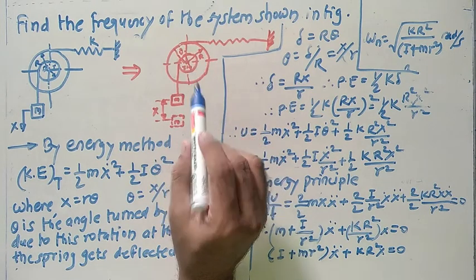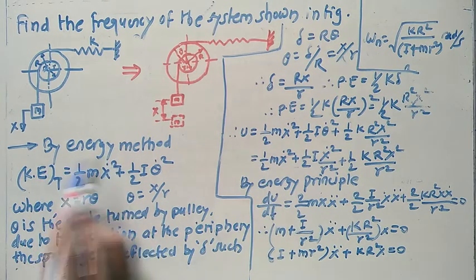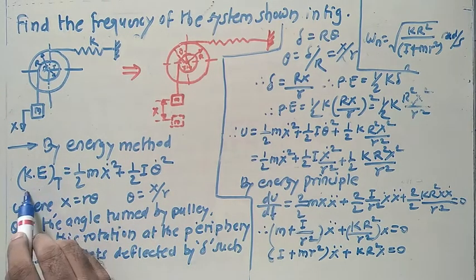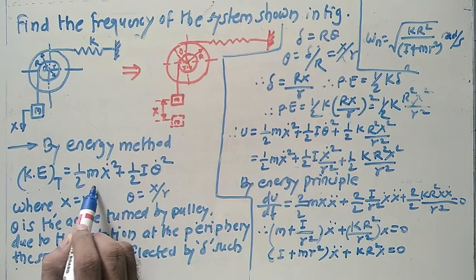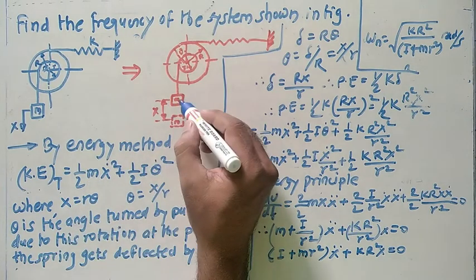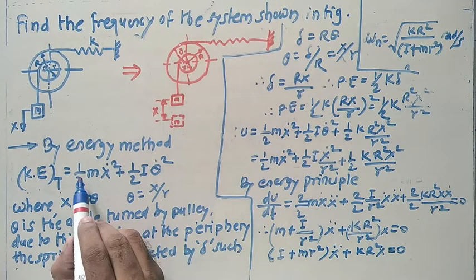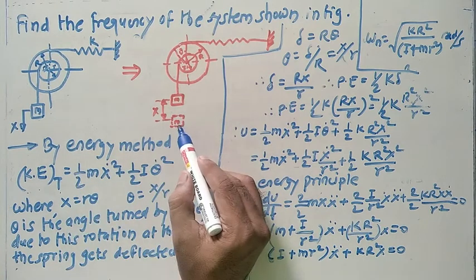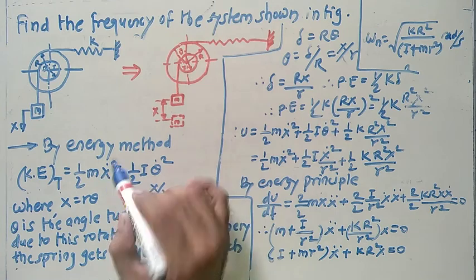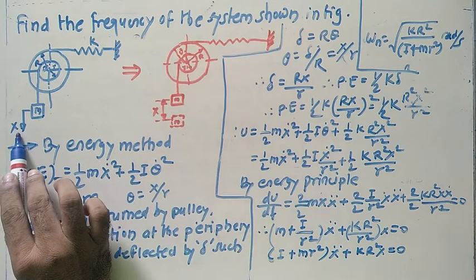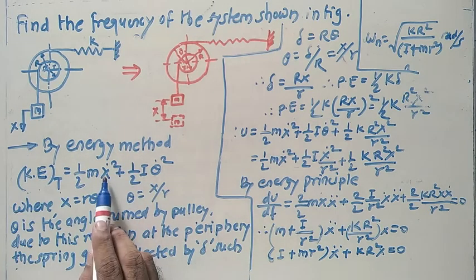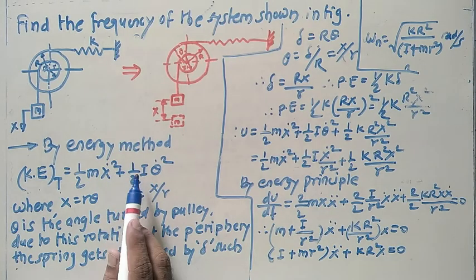So by the energy method, first of all get the kinetic energy. Total kinetic energy includes the kinetic energy possessed by this mass because of its linear or translatory motion. So what is this one? One half mass small m. What about the velocity? As the displacement is in terms of x, the velocity we get is x single dot square, plus one half.